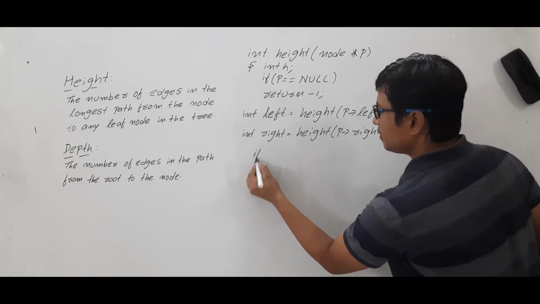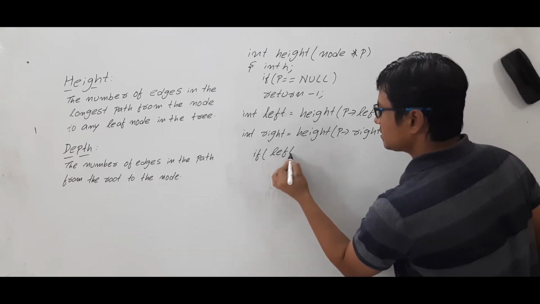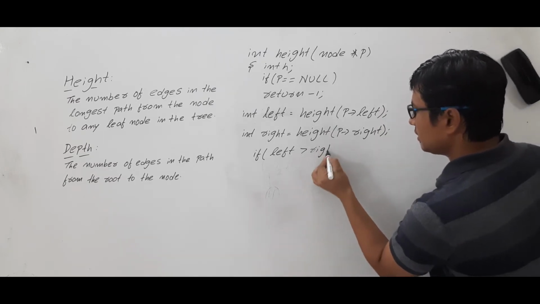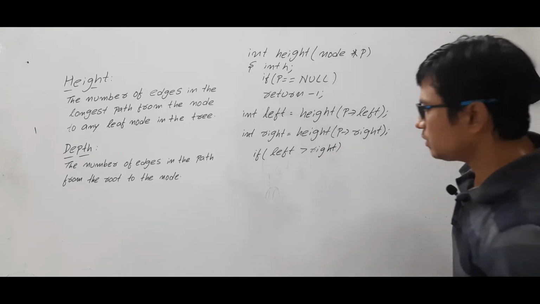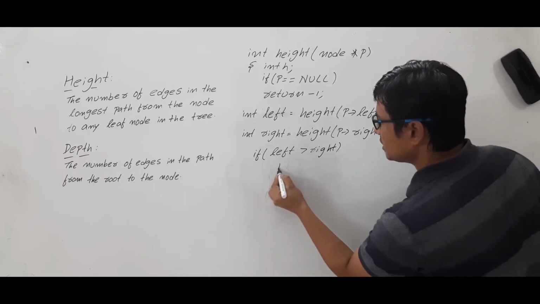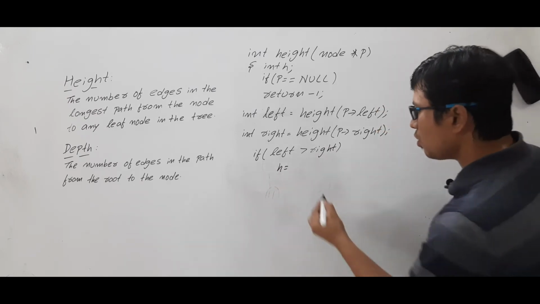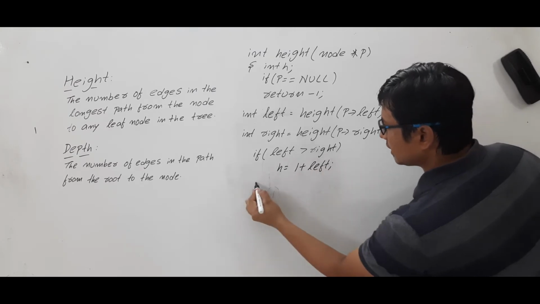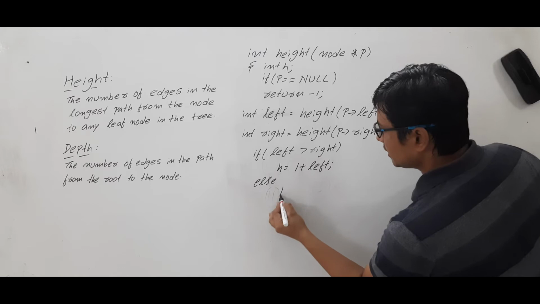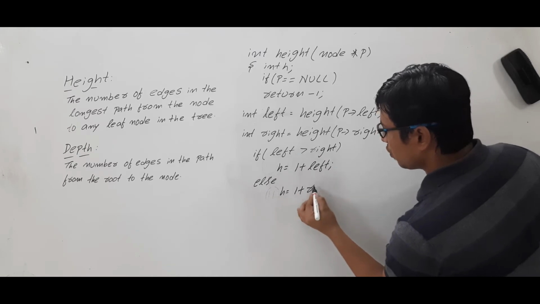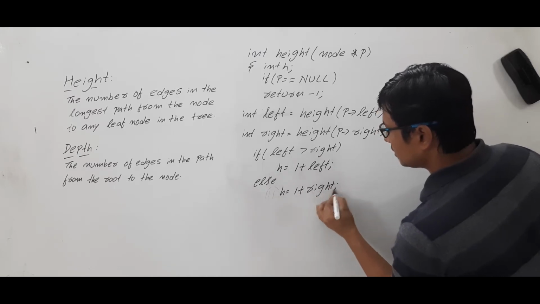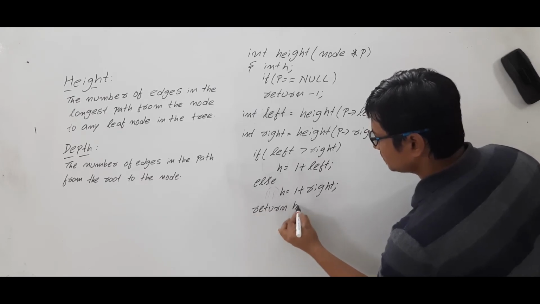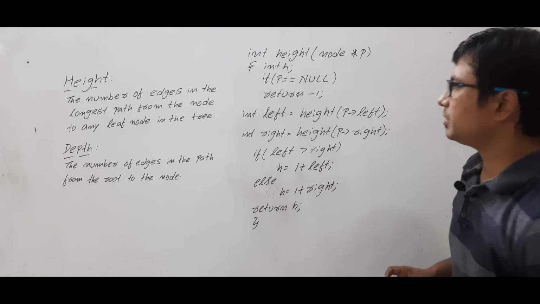Now, if left is greater than right, then h is equal to 1 plus left, else h is equal to 1 plus right. Then you can return the h value. Is it clear? So this is the complete program.